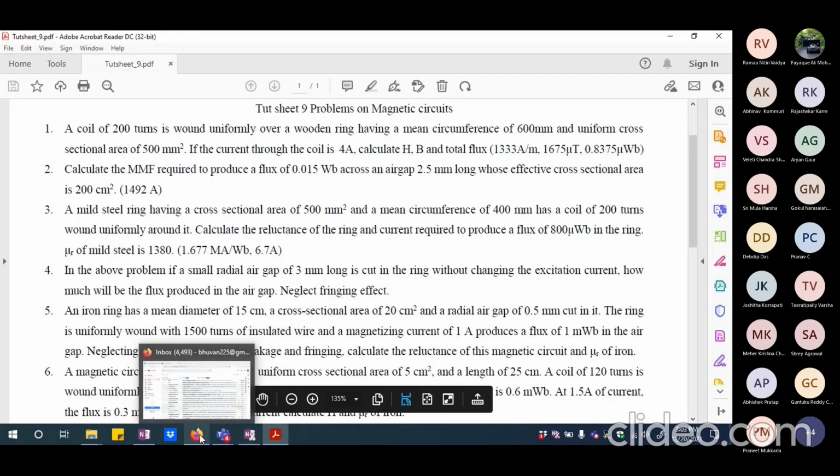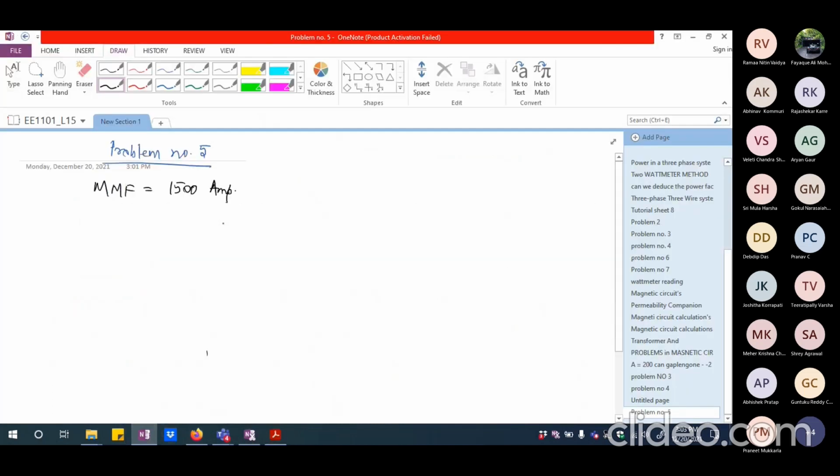So I'm going to say that L is 15 centimeter, and the length of the air gap is 0.5 millimeter. Very, very small air gap. And the area of cross section is given to be 20 centimeter square.